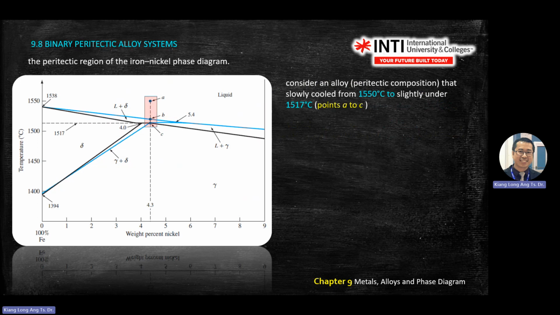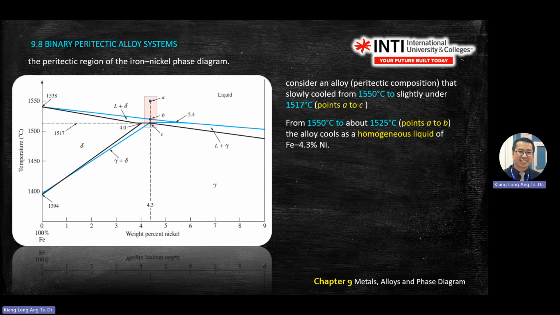So now we consider what happens if we drop the temperature from point A to point C. Okay, you start cooling from 1550 Celsius, then cool down to just below the peritectic temperature, A to C. So from 1550 at point A, you cool down to point B, about 1525.